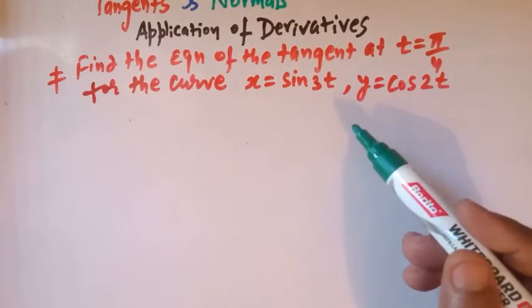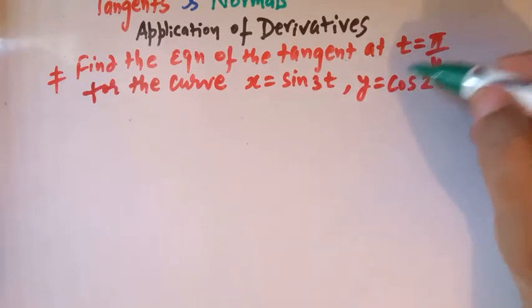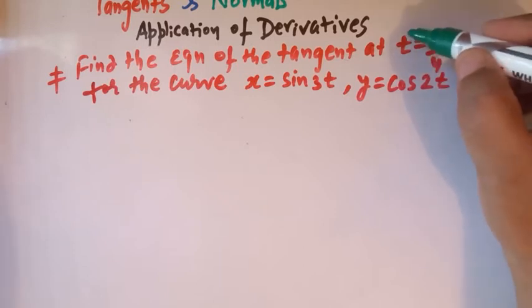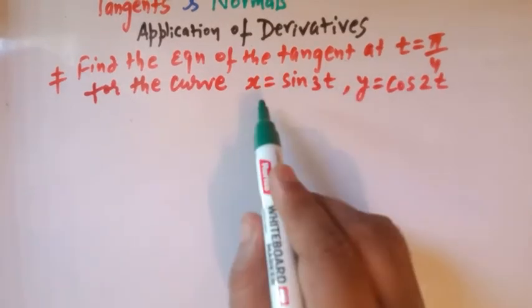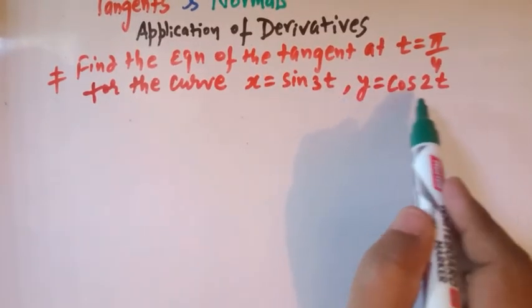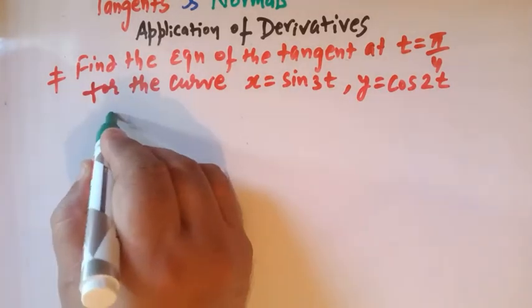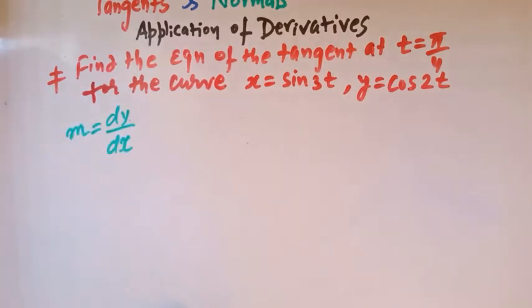So viewers, I have already uploaded a video on parametric differentiation. Now let us solve this problem. Here t is called the parameter, and we have the parametric equations, x equal to sine 3t and y is equal to cos 2t. So let us first find the slope of the tangent.